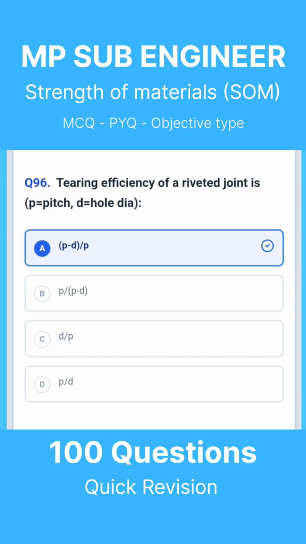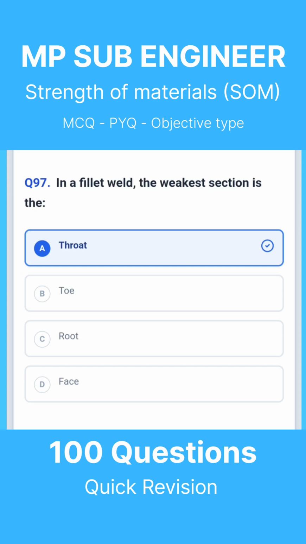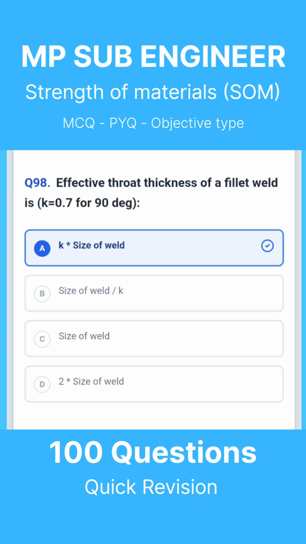Question 96. Tearing efficiency of a riveted joint, where P equals pitch and D equals hole diameter, is. The correct answer is (P minus D) divided by P. Question 97. In a fillet weld, the weakest section is the. The correct answer is throat. Question 98. Effective throat thickness of a fillet weld, K equals 0.7 for 90 degrees, is.